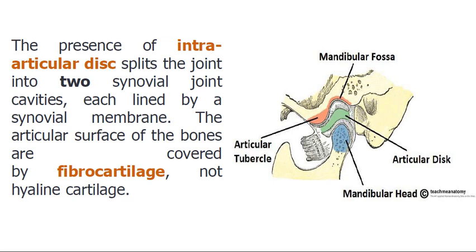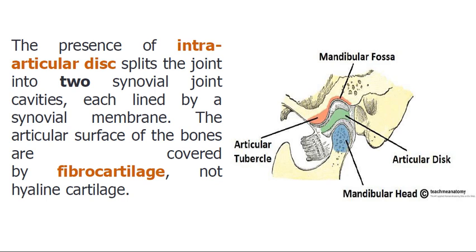The unique feature of this temporomandibular joint is the presence of an intra-articular fibrocartilaginous disc, and this disc will split the space or the joint cavity into two compartments, the superior compartment and the inferior compartment of the joint. Each compartment is lined by a synovial membrane.